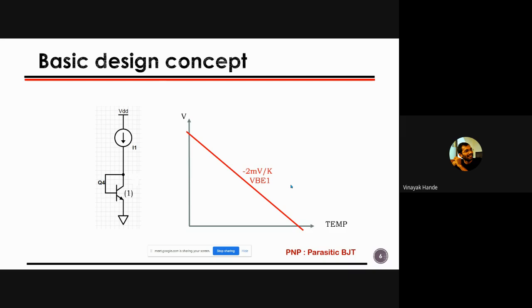So a voltage reference is generally designed in a twin well process, and there you will get the PNP transistor, which is nothing but a parasitic BJT. As it is a parasitic BJT, its beta is not very well designed or taken care of by the foundry, whether it is TSMC or UMC, right? Why?